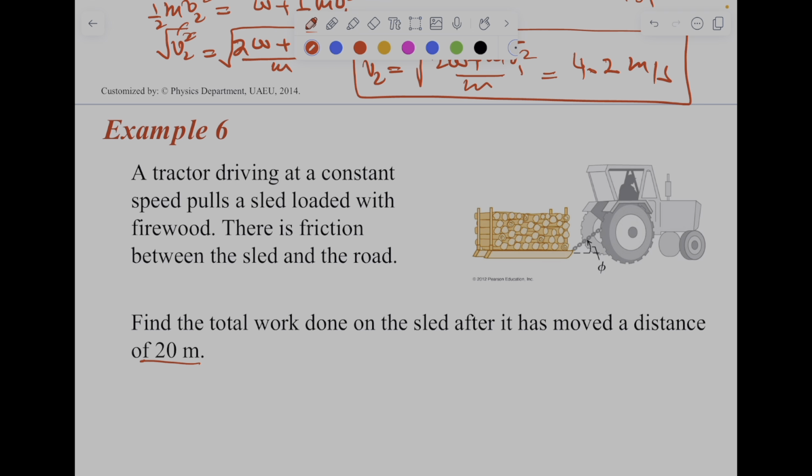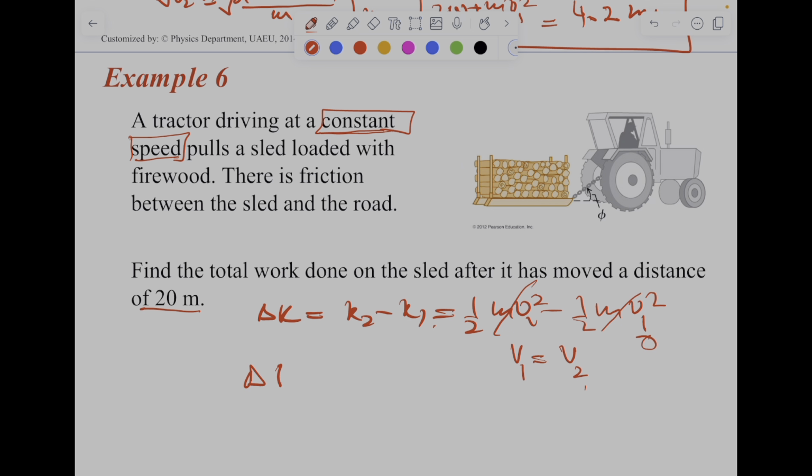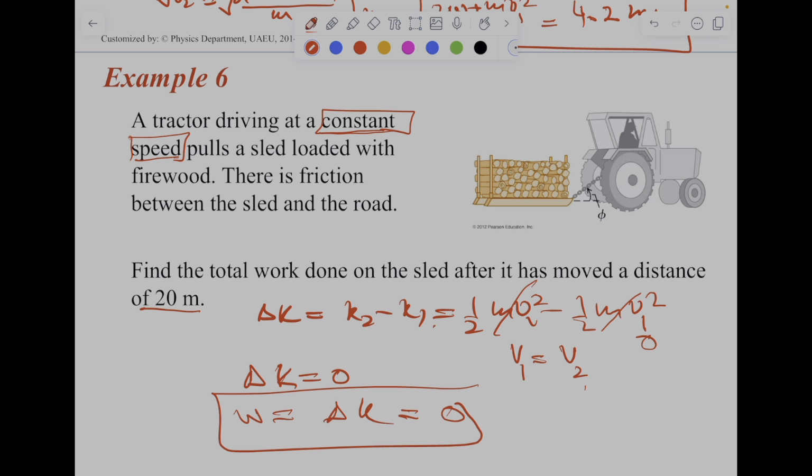It's moving with a constant speed, so the change in kinetic energy, K2 minus K1, is 1/2 mv2 squared minus 1/2 mv1 squared. Both are moving with the same velocity, v1 equals v2, so this goes to 0. So the change in kinetic energy is 0, so work done, which is the change in kinetic energy, is 0 in that case.